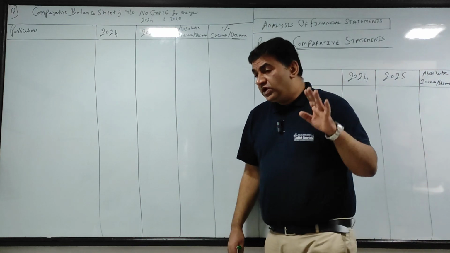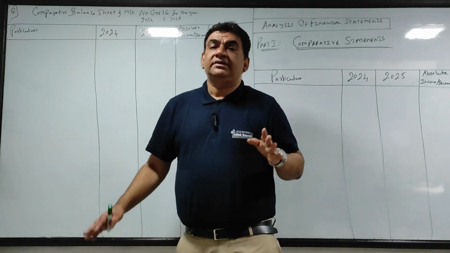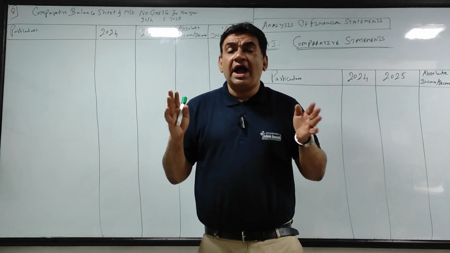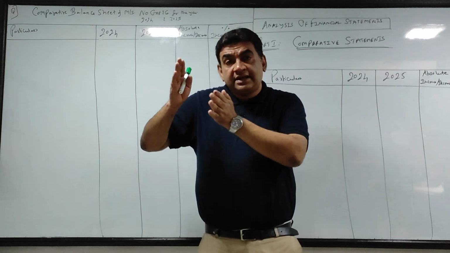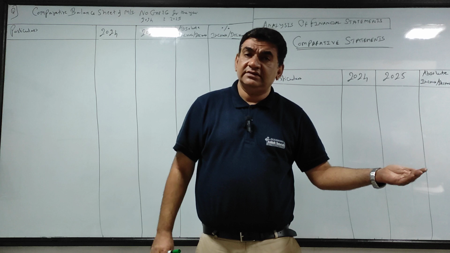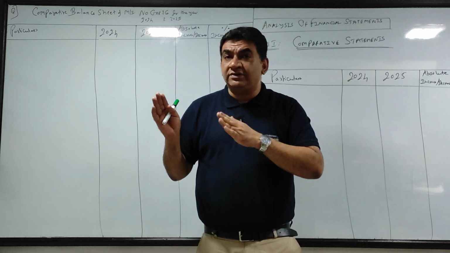So 2 years of data will be given, and when I say comparative statement, that means you have to compare the current year's figure with the previous year's figure. Understand what I am trying to say?